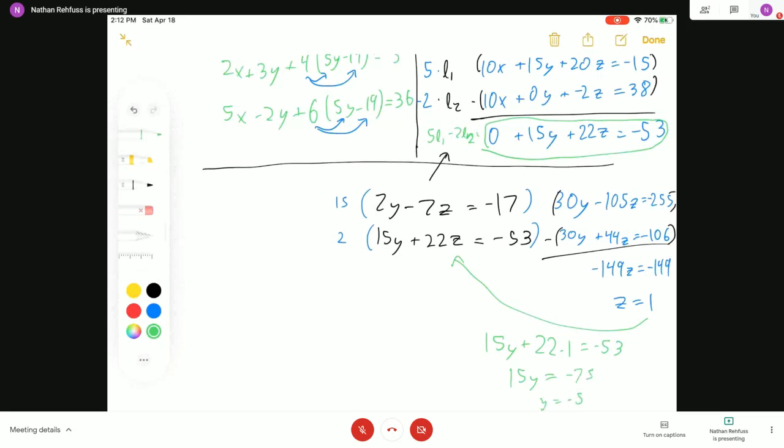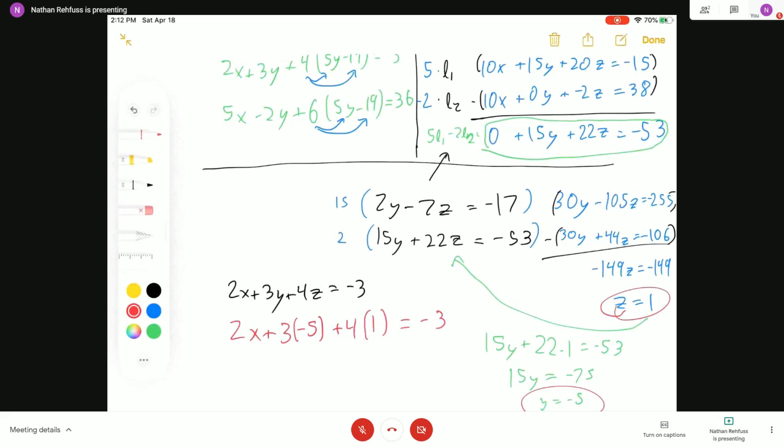And now what I need to do, remember our original line 1 was something like 2x plus 3y plus 4z equals negative 3. If I take these two solutions and plop them both in, this looks like 2x plus 3 times negative 5, plus 4 times 1, equals negative 3.